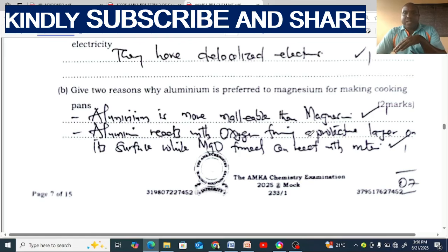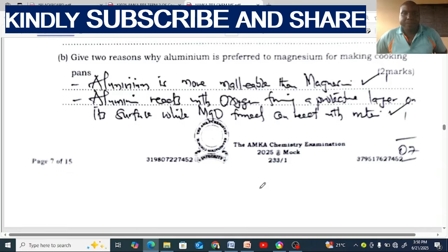But magnesium oxide formed can react with water to form other things. Also, aluminum is more malleable than magnesium. That's another reason.